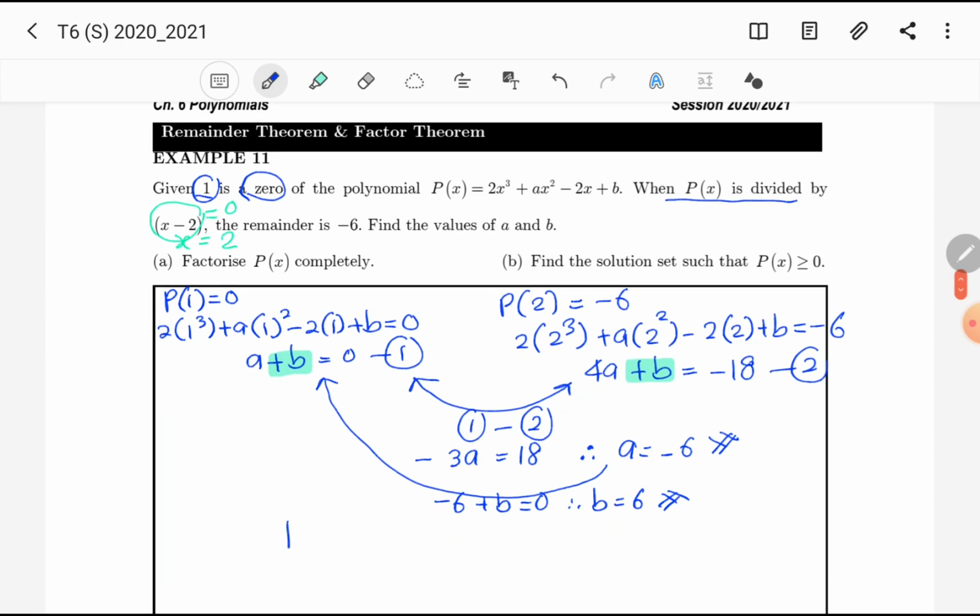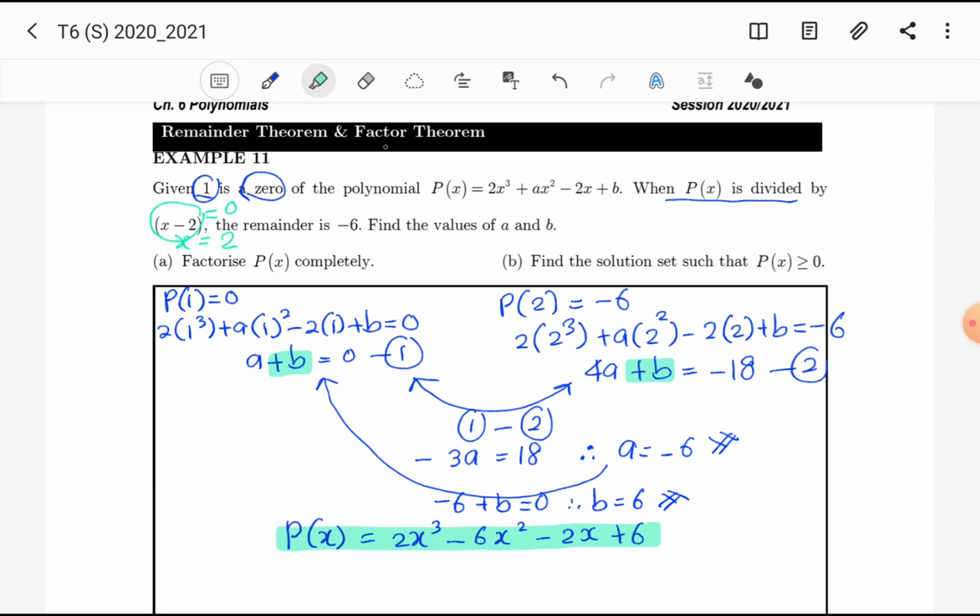Okay, so our Px can be written as 2x cubed plus Ax squared. So dia akan jadi minus 6x squared minus 2x. Dia plus B. So dia akan jadi plus 6. Okay. Ini kita punya polynomial selepas we substitute the value of A and B.